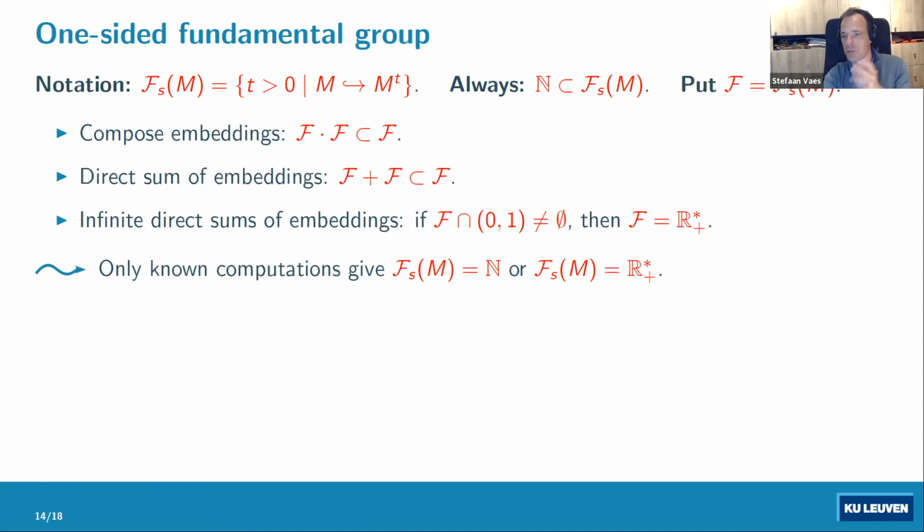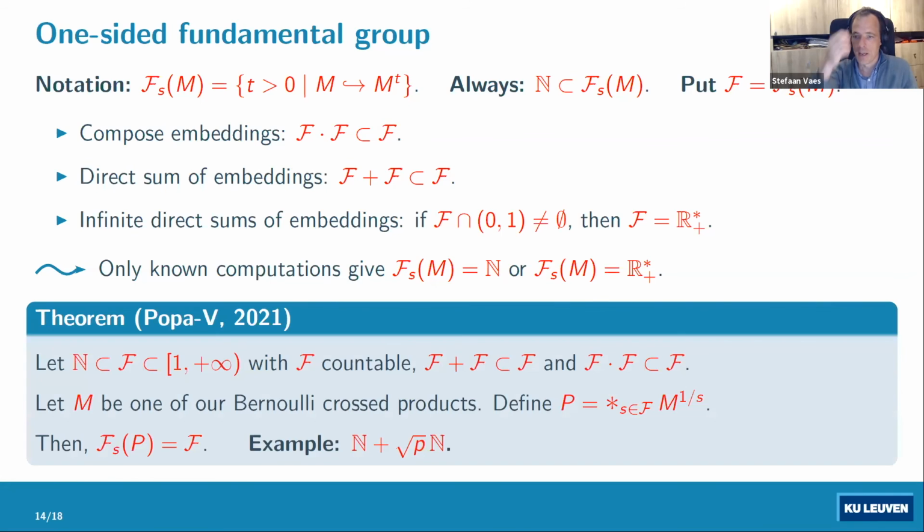Adrian-Johanna could not turn this into a computable invariant in many cases, because all known computations led to one of the two extremes, the smallest possible or the largest possible one-sided fundamental group. Now, with the very rigid structures that Sorina and I introduced, we can show that any countable semigroup actually does arise, and in a very concrete way.